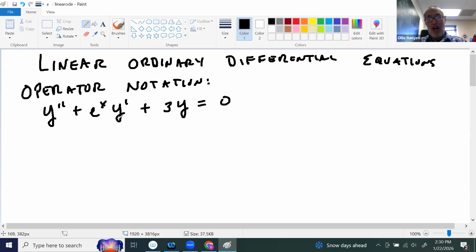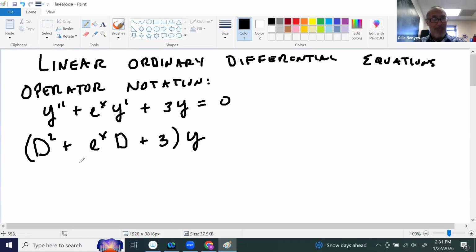So in operator notation, you can write this as d squared. That's the operator that takes the second derivative. This operator here takes e to the x and multiplies it by the first derivative, d to the first part. And the third part is just the multiplication by 3 operator, and you apply y to it.